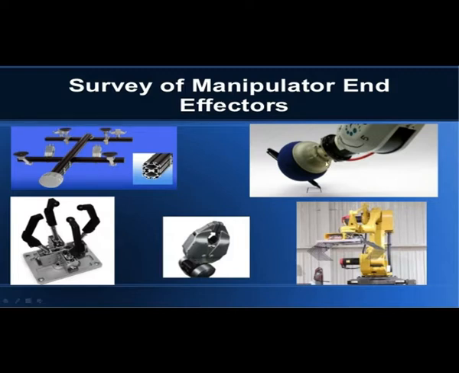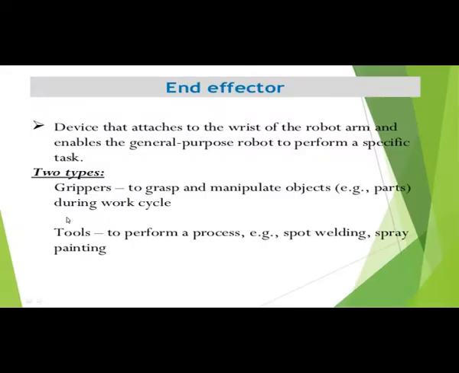This is the wrist, this is the end effector. Here different figures are there. Multiple end effectors can also be used here, and a device attached to the wrist of the robot arm that enables the general purpose robot to perform a specific task is called an end effector.